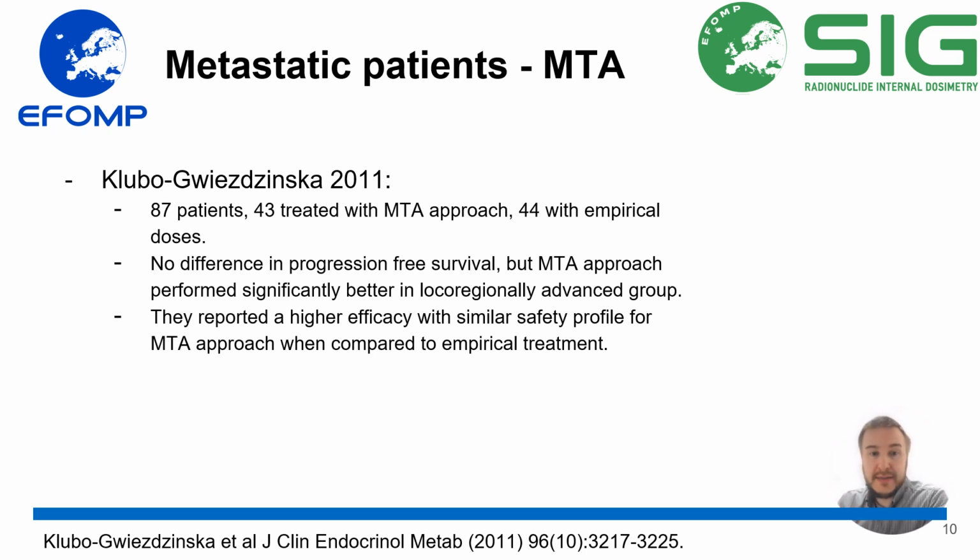Overall, they didn't find any difference in the progression-free survival. But when they looked at special subgroups, so the local regional advanced disease group, they found that the MTA approach actually performed significantly better. So overall, they reported a high efficacy for the MTA approach while having a very similar safety profile.